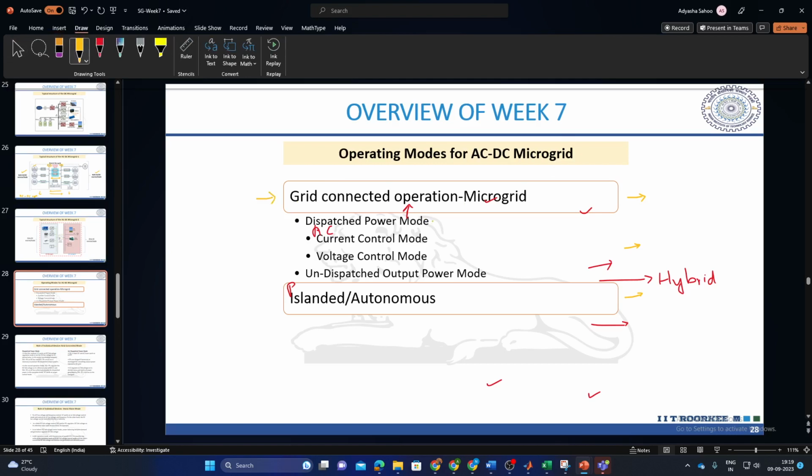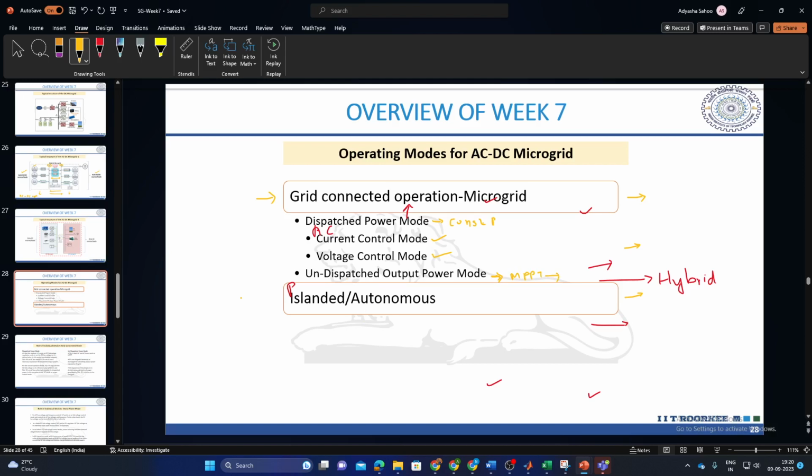Then the operating modes for the AC-DC microgrid, which we saw. We had the grid connected mode of operation, and we also saw why these are coming. In the grid connected mode, we had two types: dispatched power mode and undispatched output power mode, right?